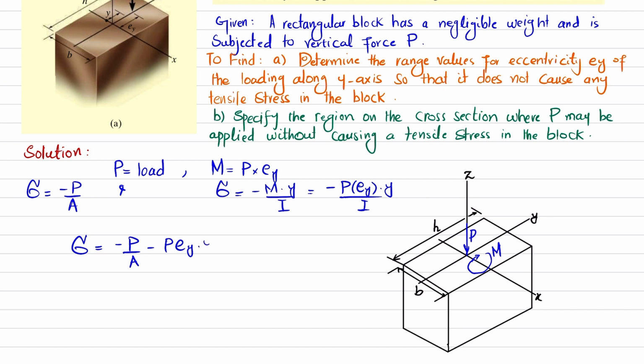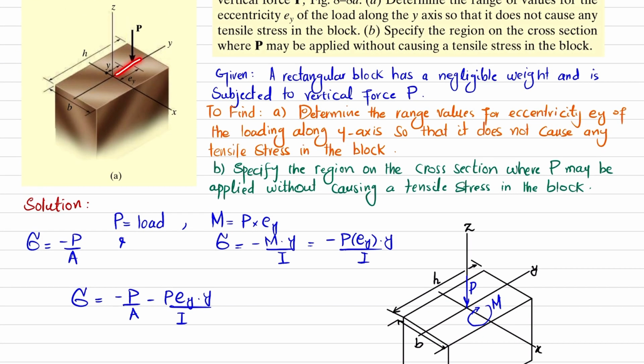Now, if you take this ey in the positive y direction, you can see this is the positive y-axis, and due to this moment, this beam will bend like this.